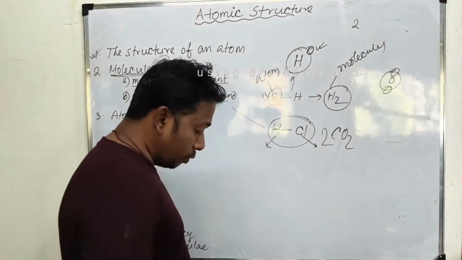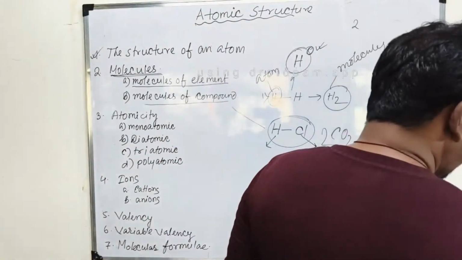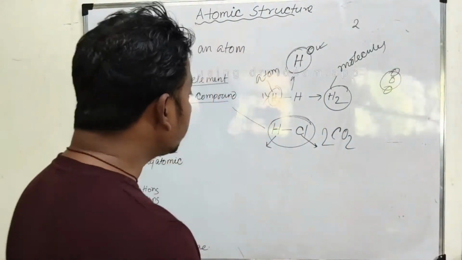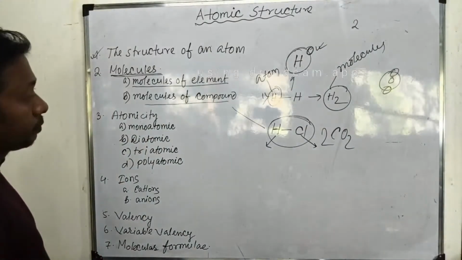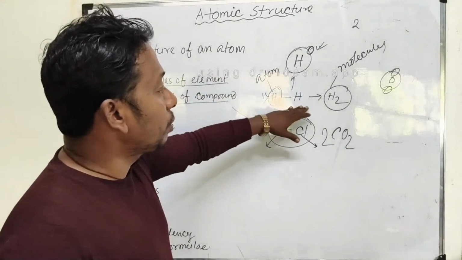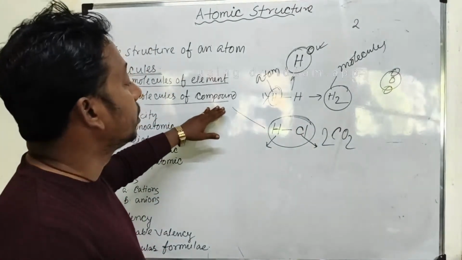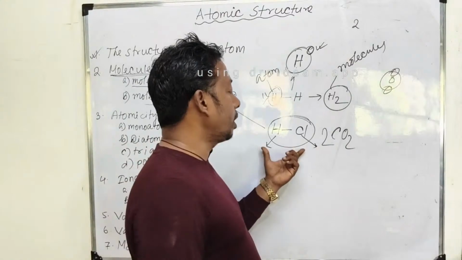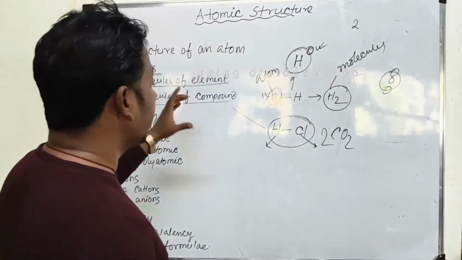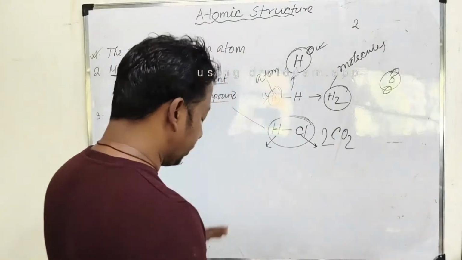If you write 2 CO2, it means 2 molecules of carbon dioxide. Clear? So molecules of an element mean the same kind of atoms mixed with each other. Molecules of a compound mean different kinds of atoms got together to make molecules.